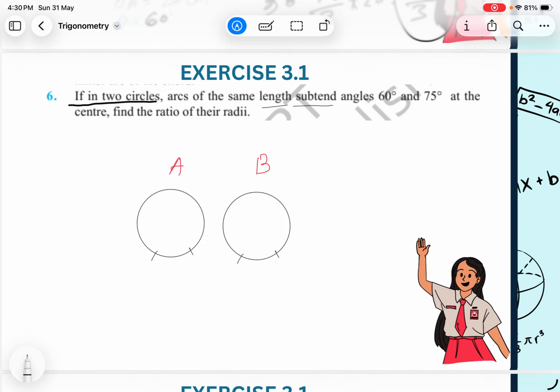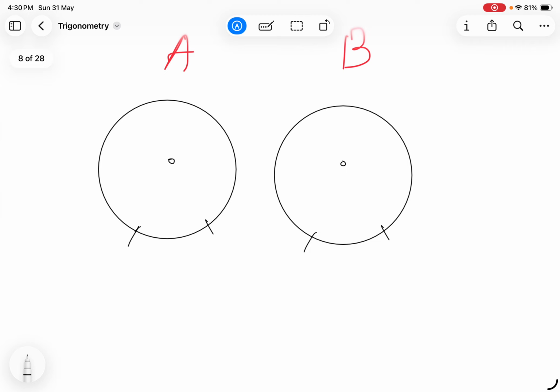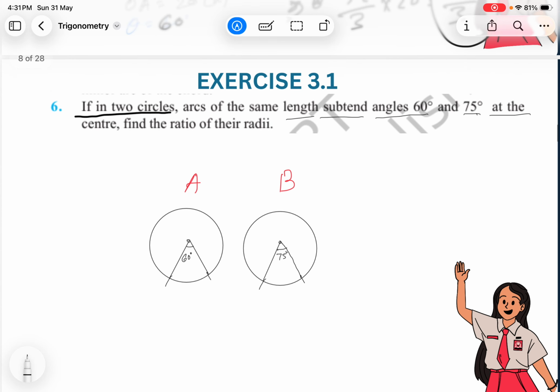Length, subtended angle 60 degree and 75 degree, and suppose this is a center. Yeah, just a second. So the angle that is forming here, this is 60 degree and this is 75 degree, at the center.